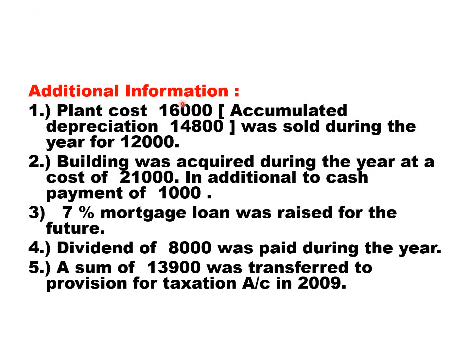So additional information: plant costing rupees 16,000, accumulated depreciation 14,800, was sold during the year for 12,000. So sale value is 12,000, depreciation 14,800, original cost 16,000. Original cost minus depreciation, you get 1,200 as WDV, written down value. So students, plant of 1,200 is sold at 12,000, a higher value. 12,000 is the sale value, 1,200 is the WDV.